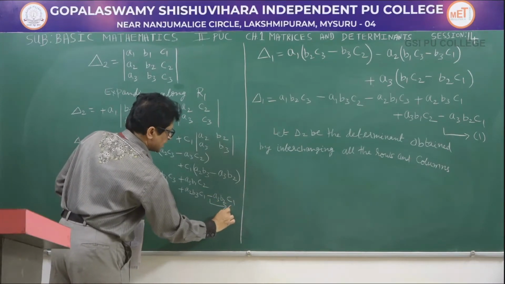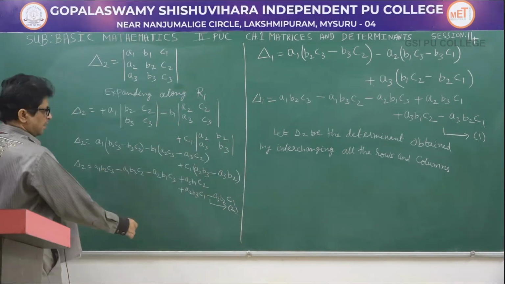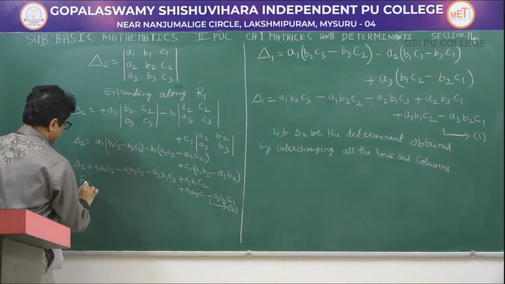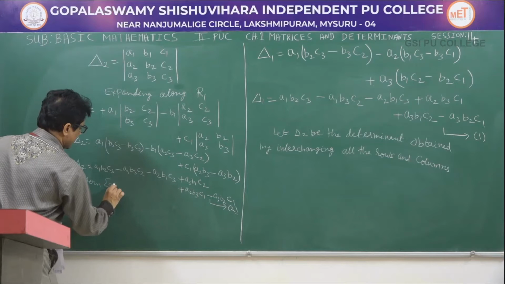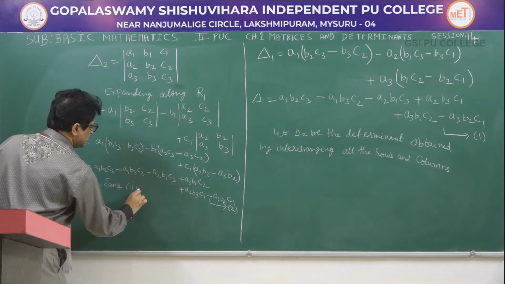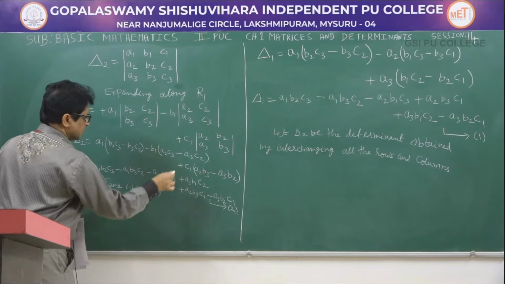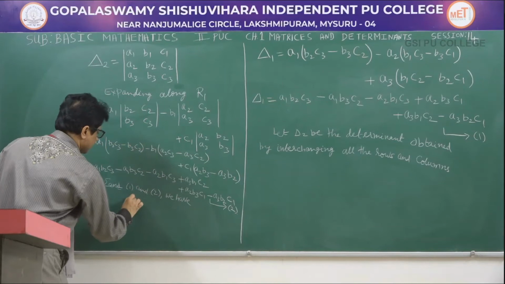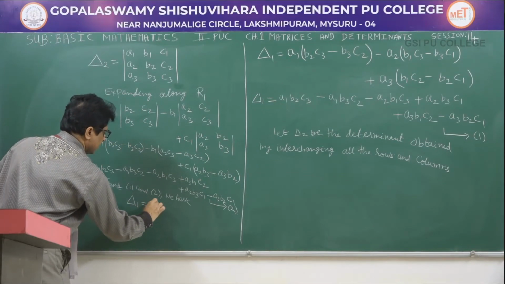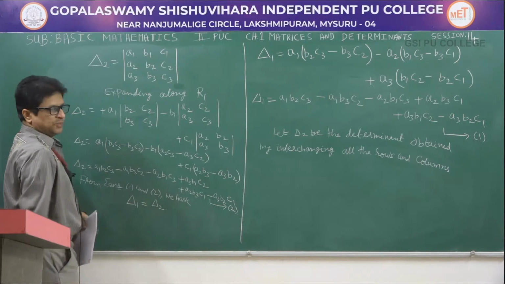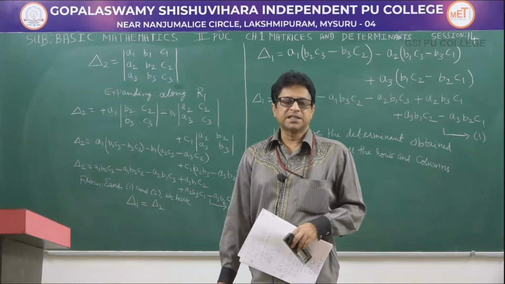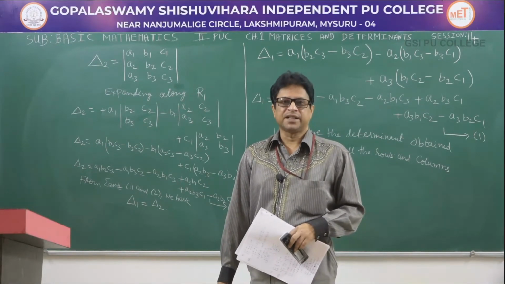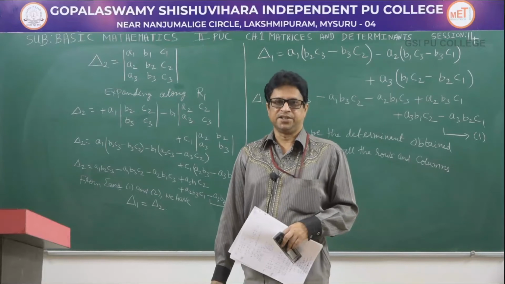We call this as equation 2. From equations 1 and 2, we have delta 1 equals delta 2. That means if we interchange all the rows and columns of a determinant, the value of the determinant will not change.